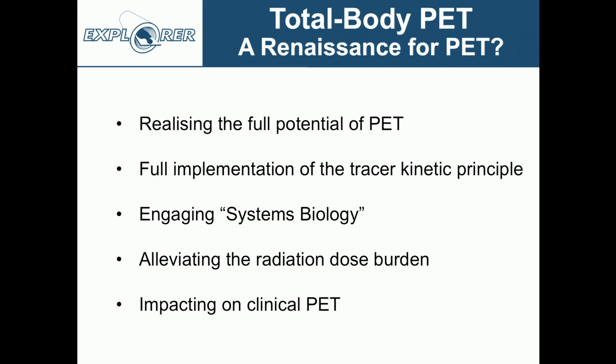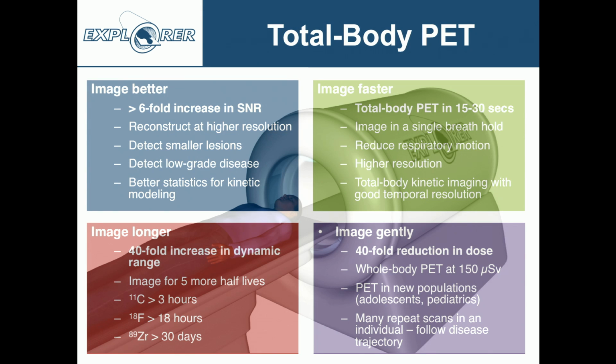We're very interested in alleviating the radiation dose burden, as we've discussed. And ultimately, we hope all of this will eventually impact clinical PET. So I'll leave you just with a summary of how we could use that factor of 40 improvement in sensitivity. And if there's time, I'll be happy to entertain any questions.